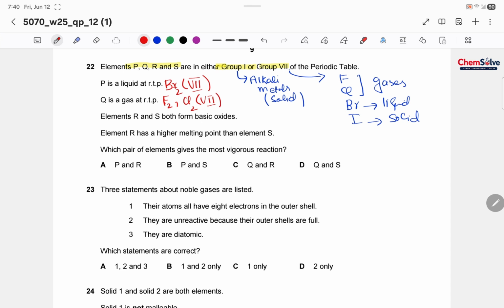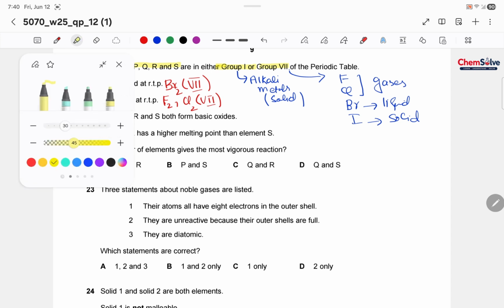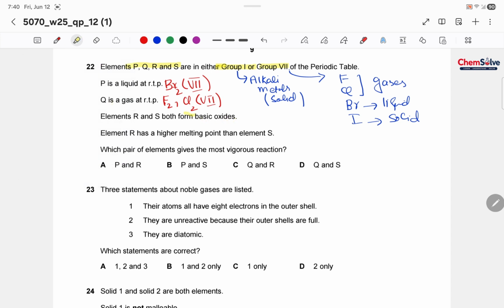Elements R and S both form a basic oxide. If they form a basic oxide, then obviously it would be a metal, because metallic oxides are basic in nature. So R and S, these both would be elements of group 1A.